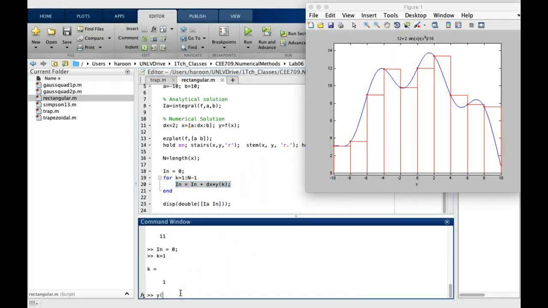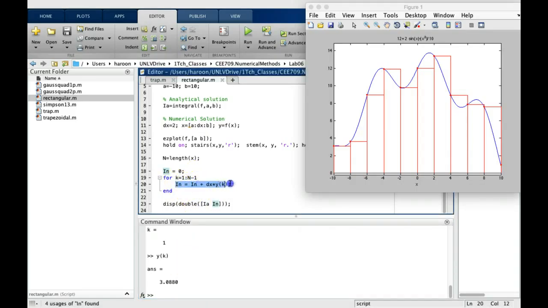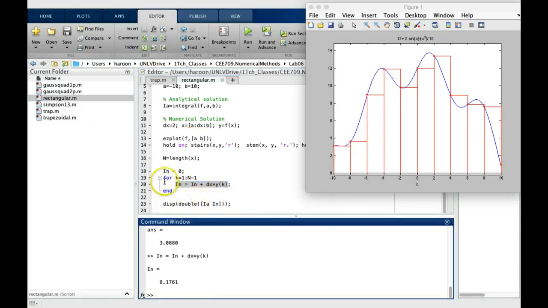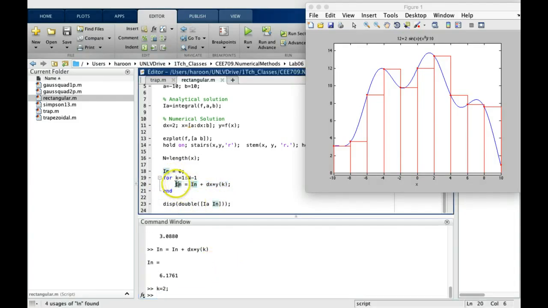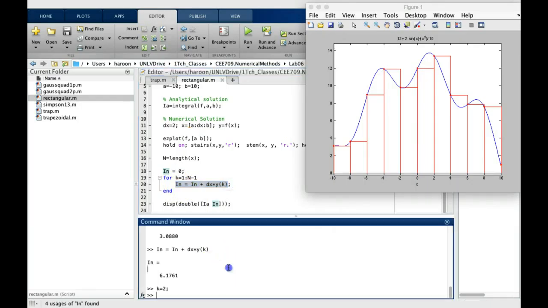So y of k is 3.088, and 3.088 times 2 is added to in. Then when the next part of the loop comes, k is equal to 2, and in gets updated, where this portion plus this portion. So I'm going to reset in to 0 and run the whole loop instead of going through each value one by one.